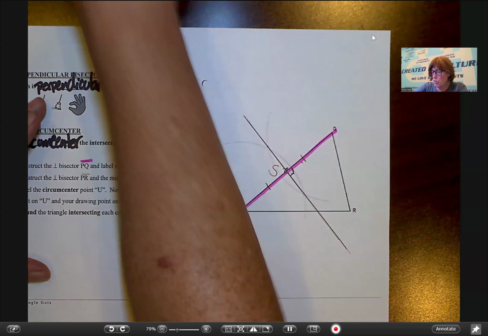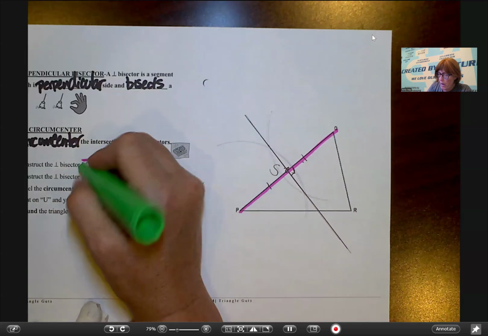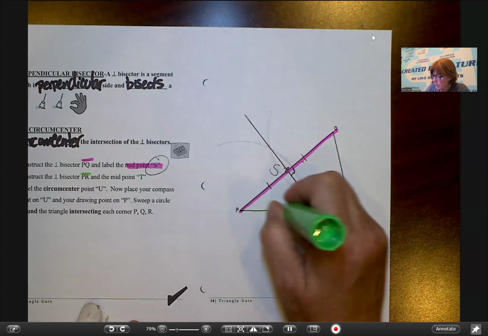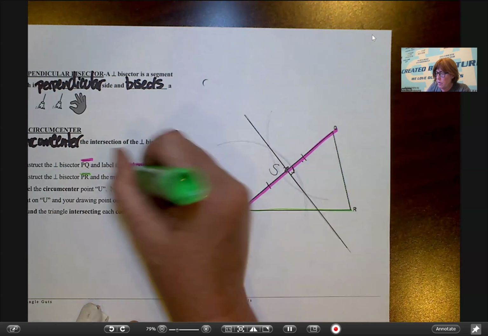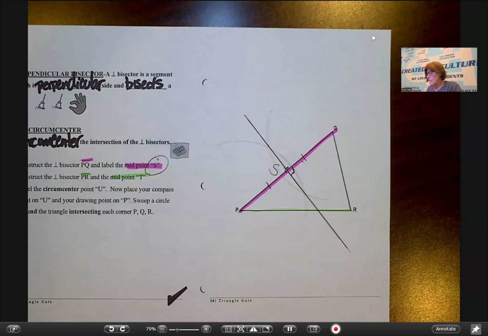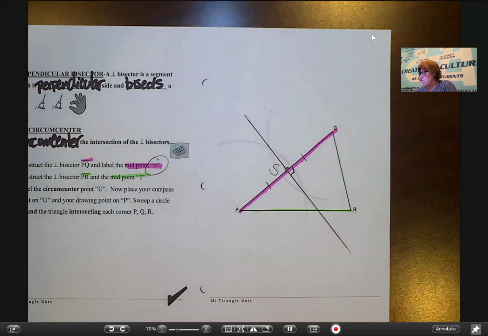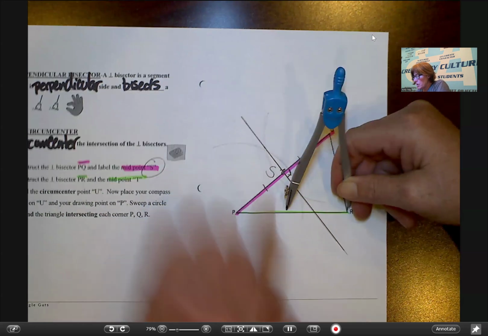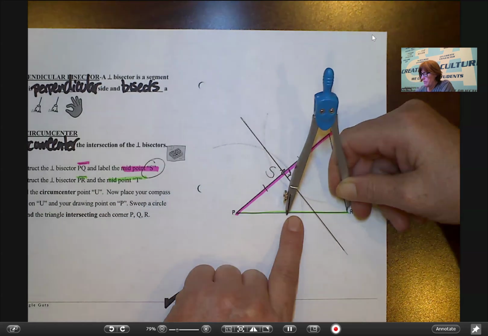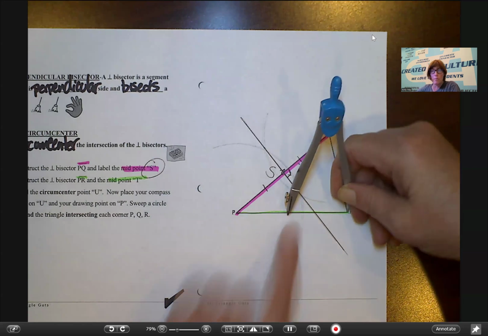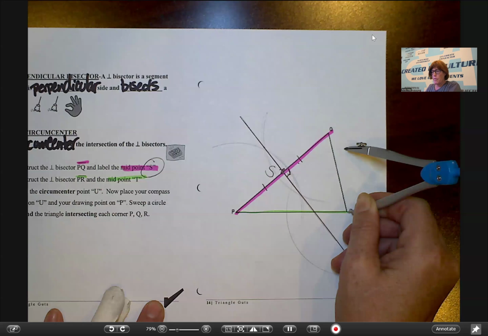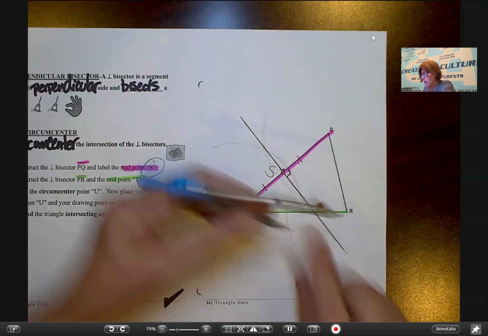Now we're going to construct a perpendicular bisector of P to R and label the midpoint T. Pivot just past what looks like the middle. Sweep, sweep, segment. Go to the other side.